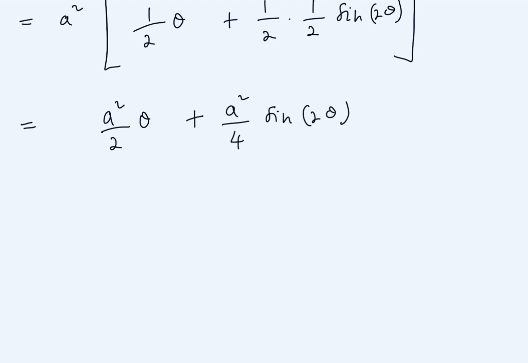If you look in the formula sheet, you're going to see the following identity: sine 2 theta is equal to 2 sine theta multiplied by cos theta. So this is found in the formula sheet. You use this identity to replace sine 2 theta.